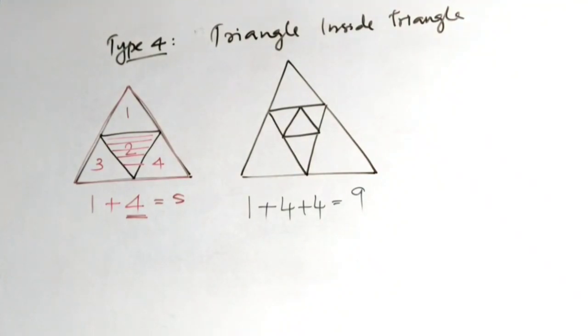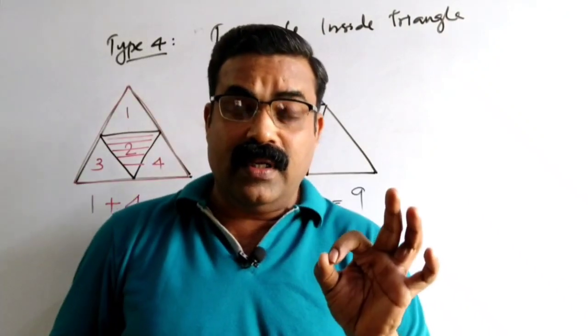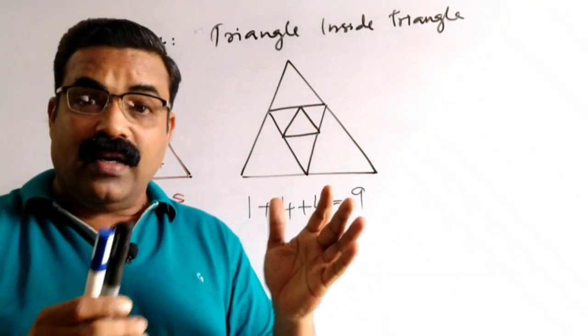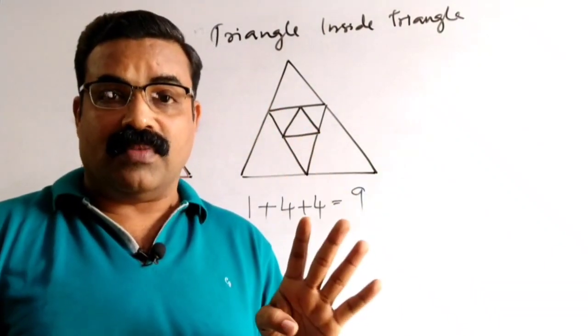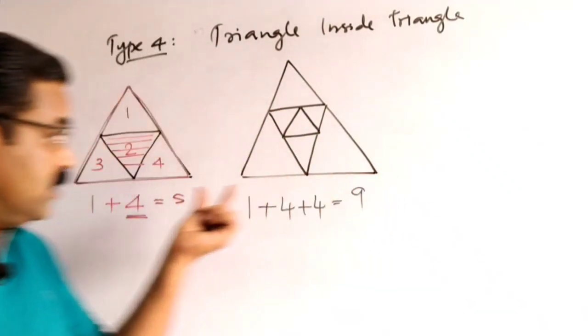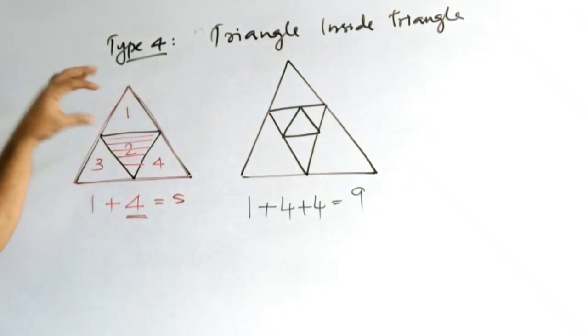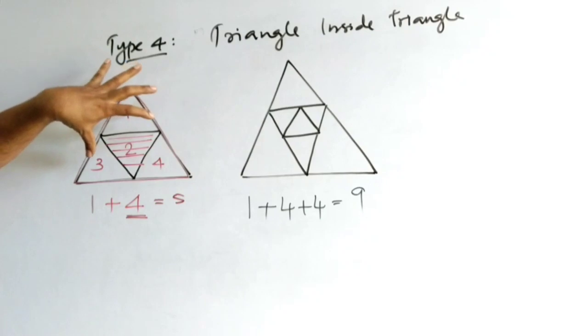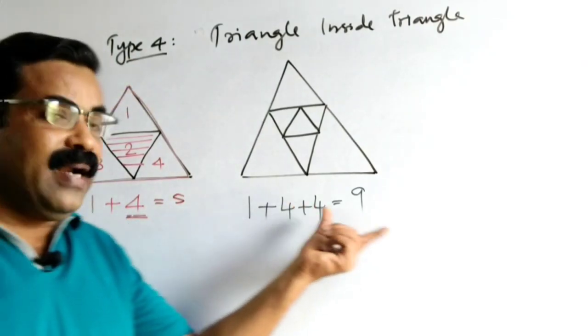Very, very important and very easy trick. Always remember, whenever you draw a triangle inside another triangle, 4 new triangles are formed. So that 4 you have to add every time.